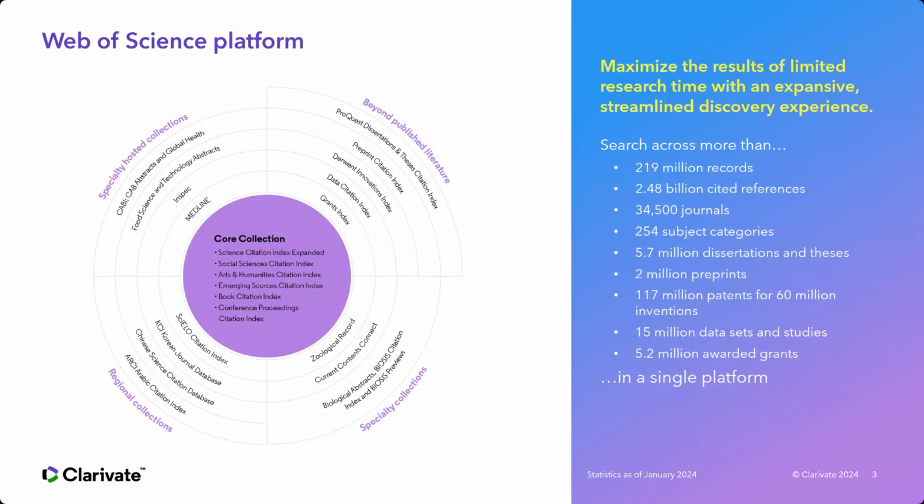So here on the screen, you would see a bit like a dartboard, okay, with the peripheral rings representing a lot of our third-party hosted collections, as well as content types that are beyond traditional published literature.